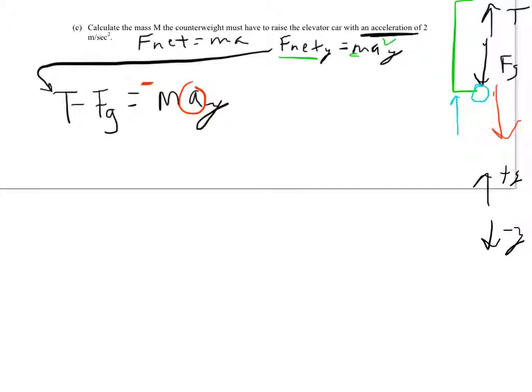I'm going to take this and move it over here for space reasons. Tension equals, the problem tells me that each friction force is 100 newtons. So 100 newtons plus a 400 kilogram mass would be Fg equals 400 kilograms times 10 newtons per kilogram.